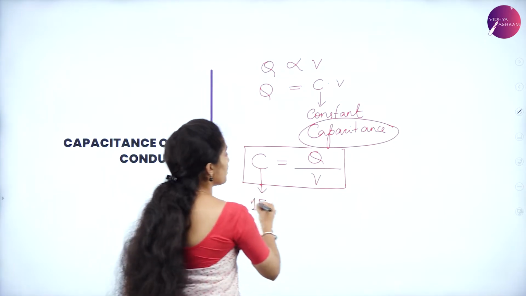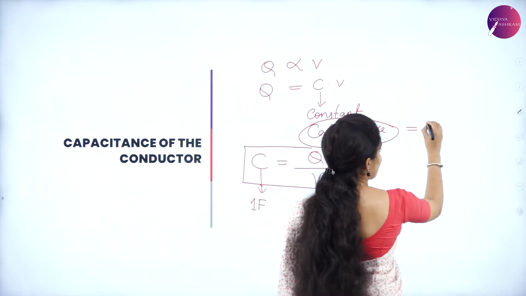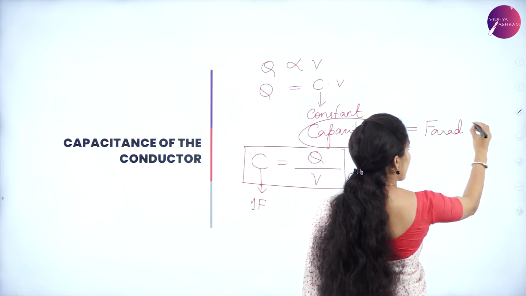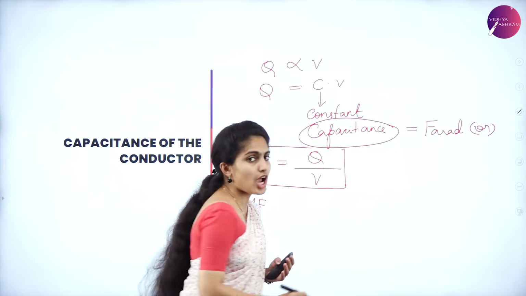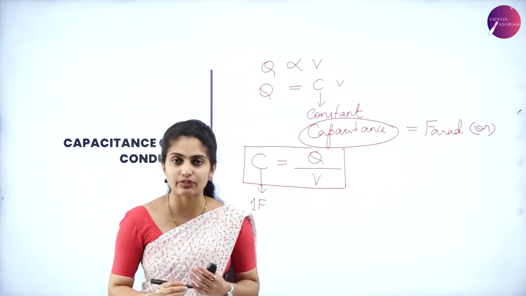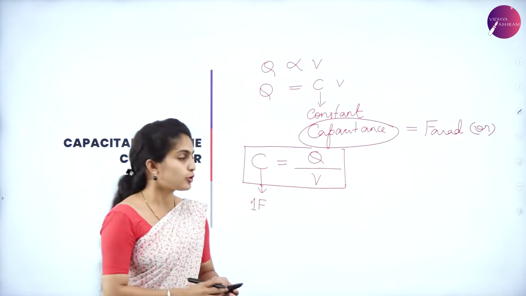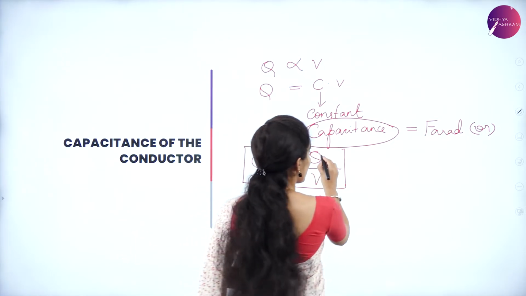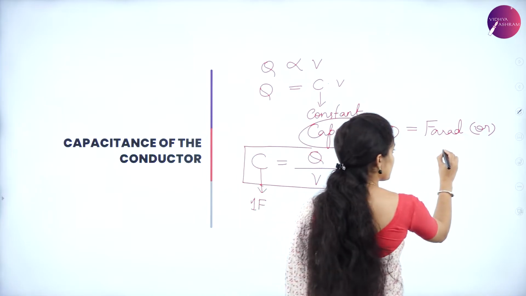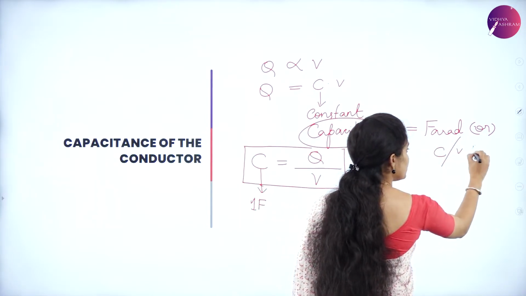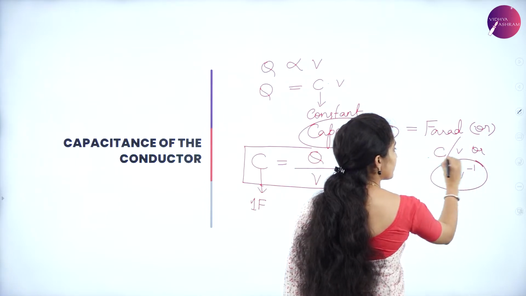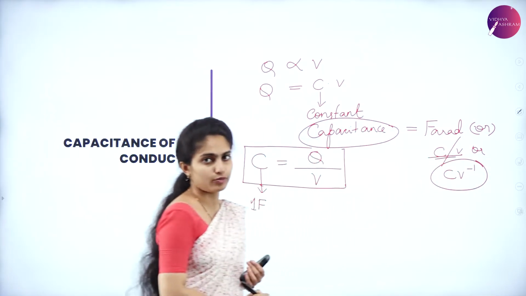Why farad? Because the SI unit of capacitance is farad, or the charge's SI unit is coulomb and potential's SI unit is volt. So it can be coulomb per volt, or coulomb V inverse. Either you can write like this or opt for this form.